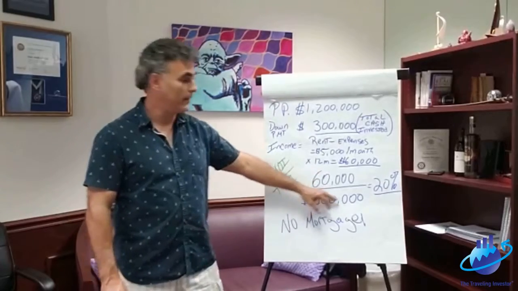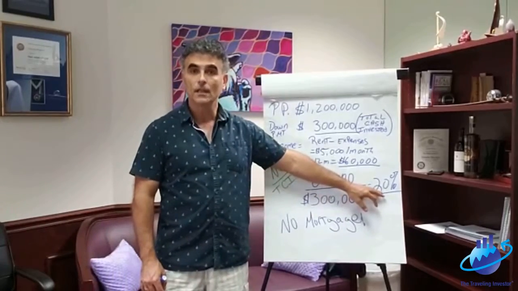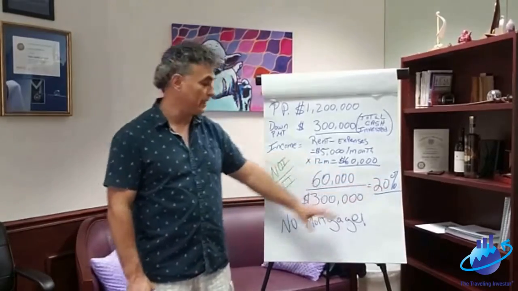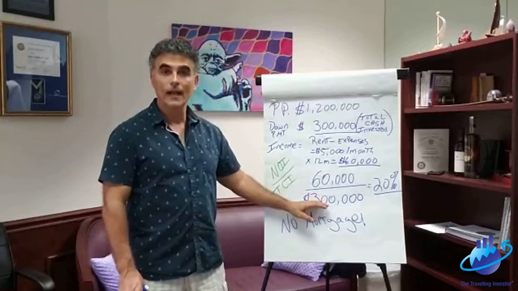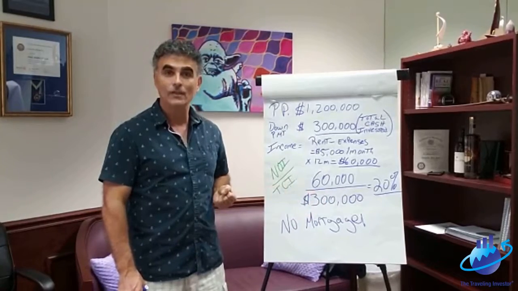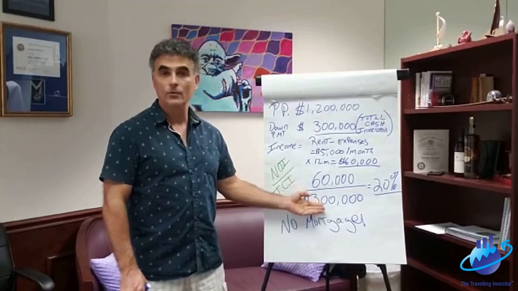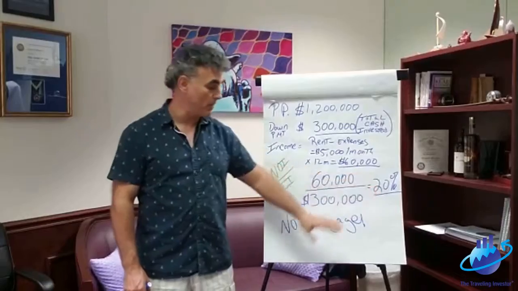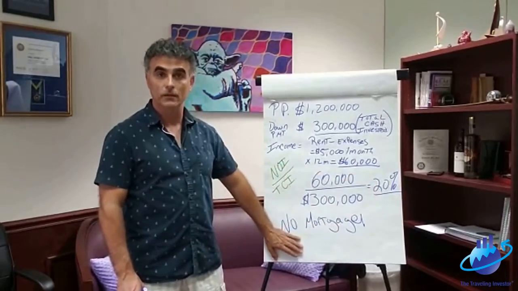When you do the simple math, you get to 20%. Your cash on cash return is 20%, meaning I put in $300,000 down and I'm going to get $60,000 in return for my $300,000. So that gives me a 20% cash on cash return. Remember, we don't have a mortgage here, okay?